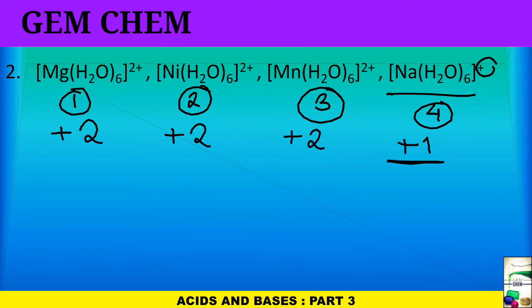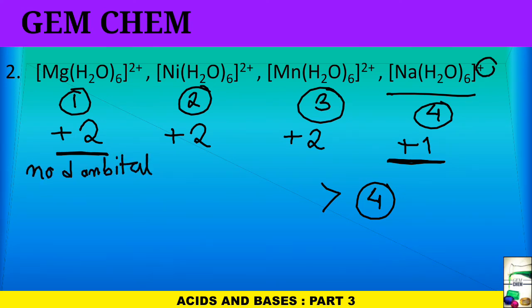So we can see that sodium has the least positive charge density over the metal ion. So here we are taking 4 as the least one. Next we will consider magnesium, which is +2. It has no d orbitals. So among 1, 2 and 3, it will have the least acidity. So we can write it as 1.